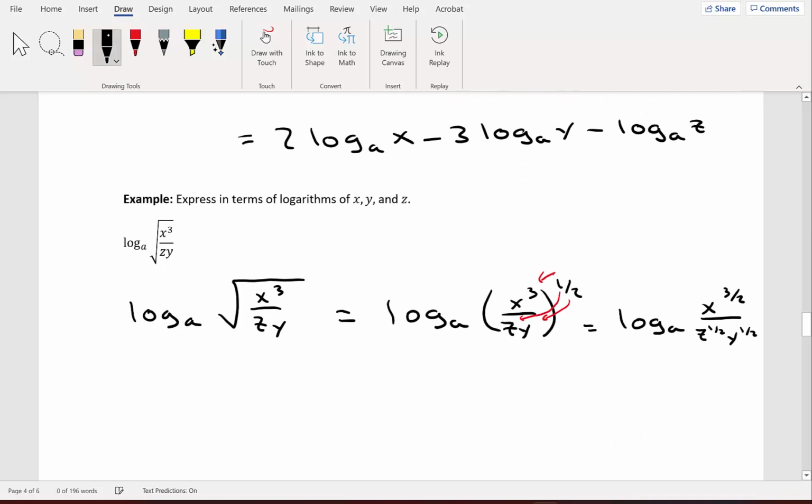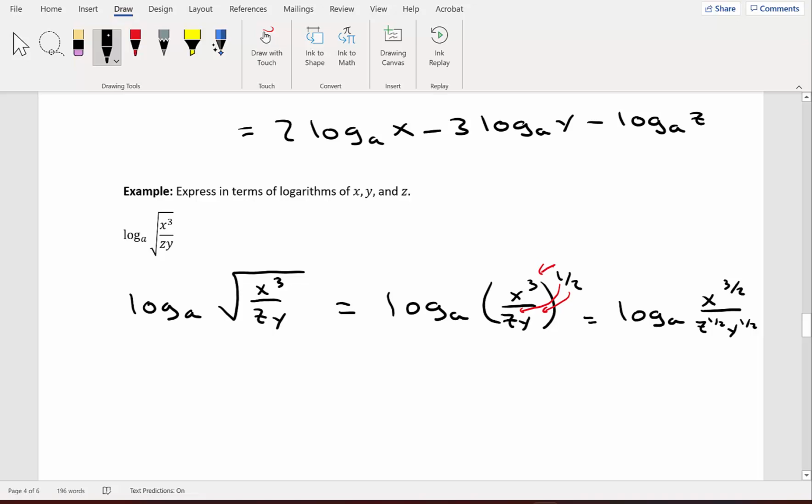Now I could continue to expand it out. Since I'm dividing, I can use my subtraction property. So this becomes log base a of x raised to the 3/2 power minus log base a of z to the 1/2, y to the 1/2.